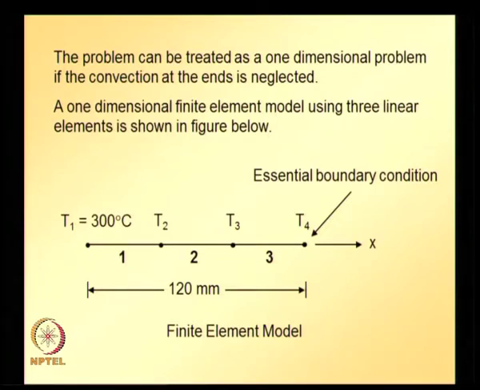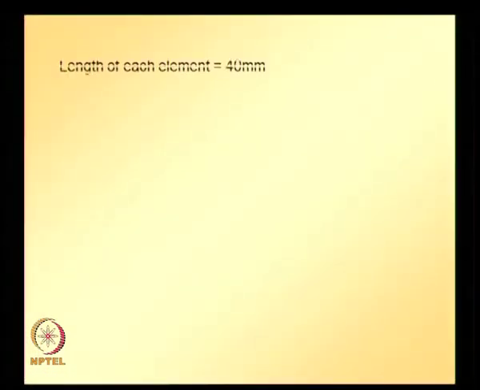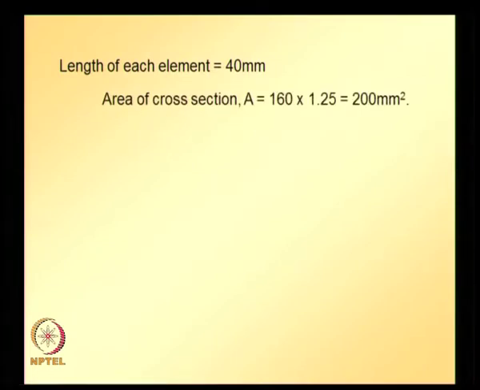So now let us look at each element. Length of each element is 40 millimeters, area of cross section is 160 multiplied by 1.25 millimeter square.